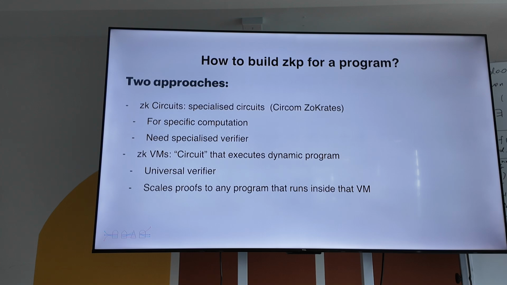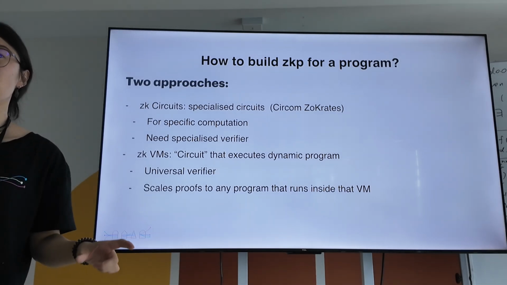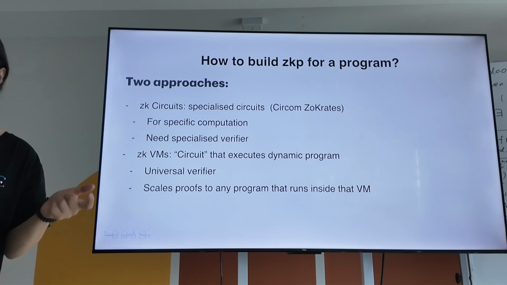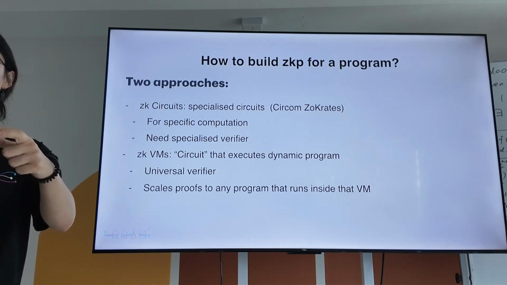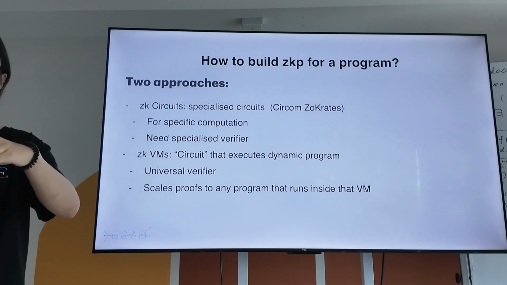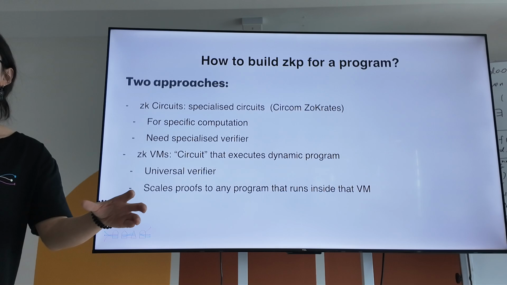Another approach is zkVM. The zkVM itself is in the circuit, because when we talk about a VM, it is a program that can take a program as input, and it understands how to run this program.